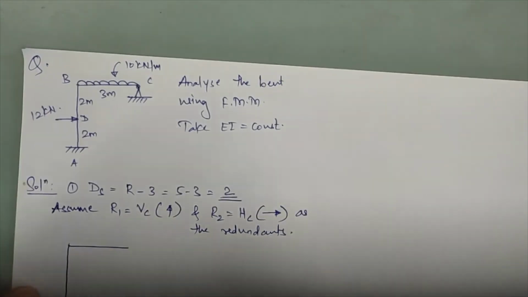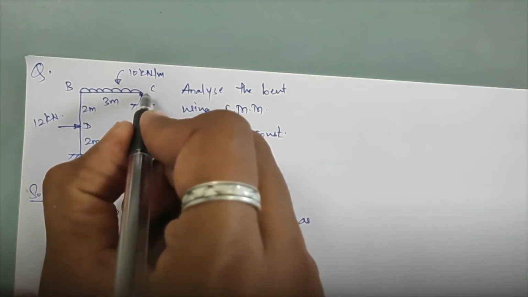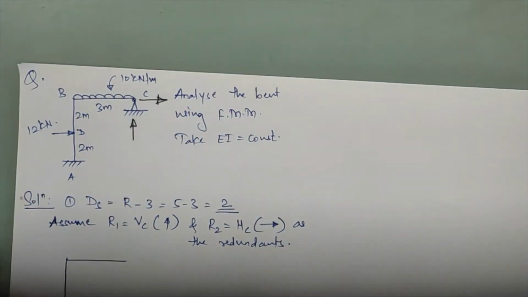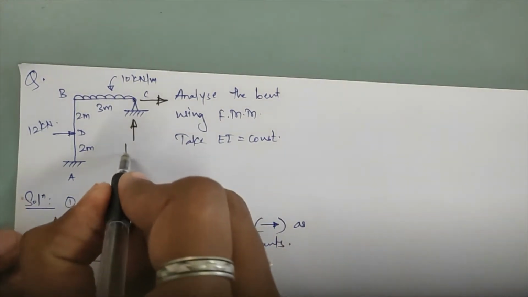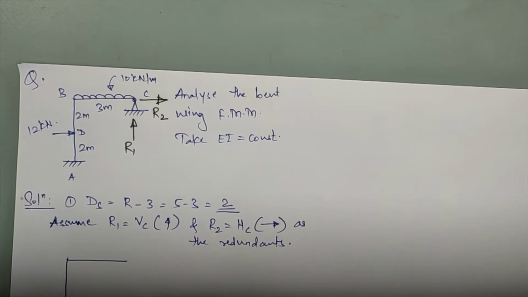So which 2 reactions am I assuming as redundant? The vertical reaction at point C and the horizontal reaction towards the right side. This will be my R1 value, and this horizontal reaction will be the R2 value, right? So these 2 reactions I am assuming as the redundants.